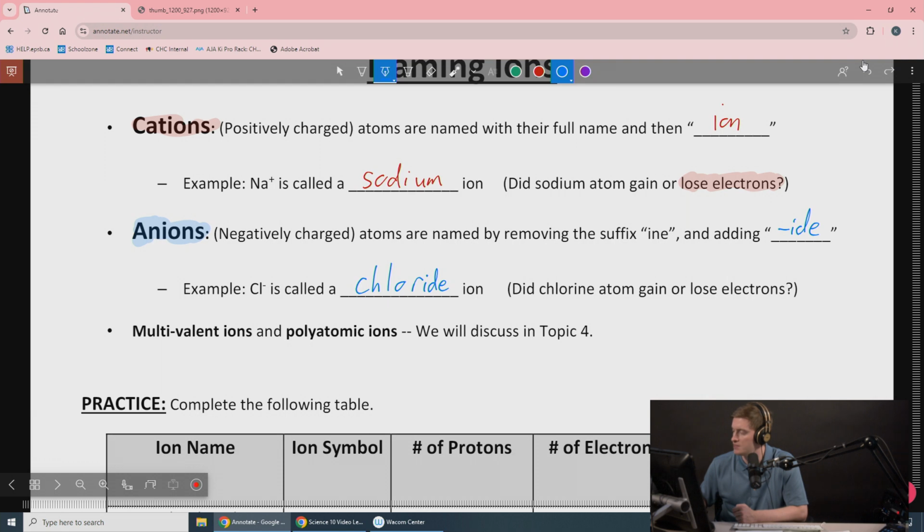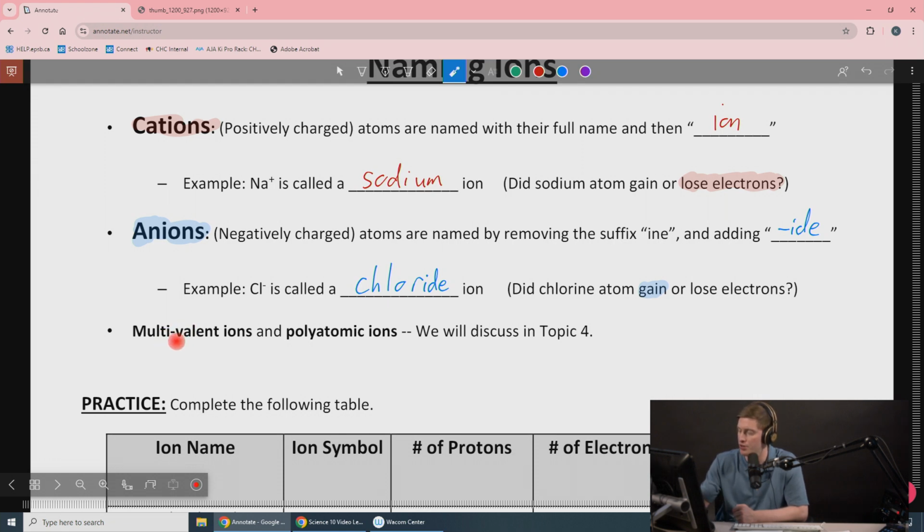And if it's forming a negative ion, it had to have gained electrons. Because electrons are negatively charged, the chlorine must have gained an electron to form a negative ion.